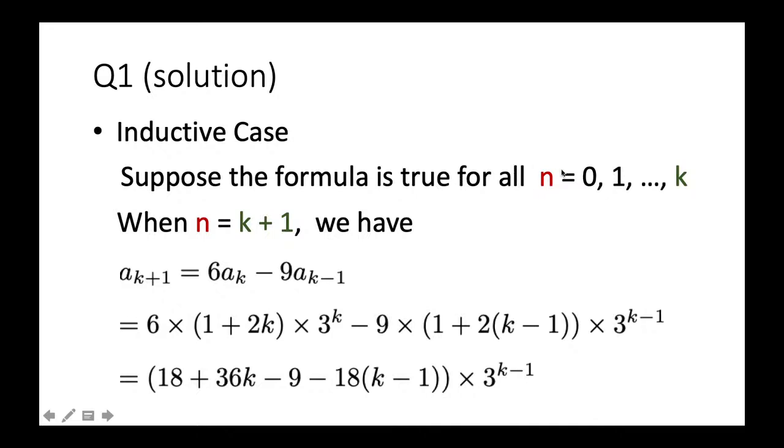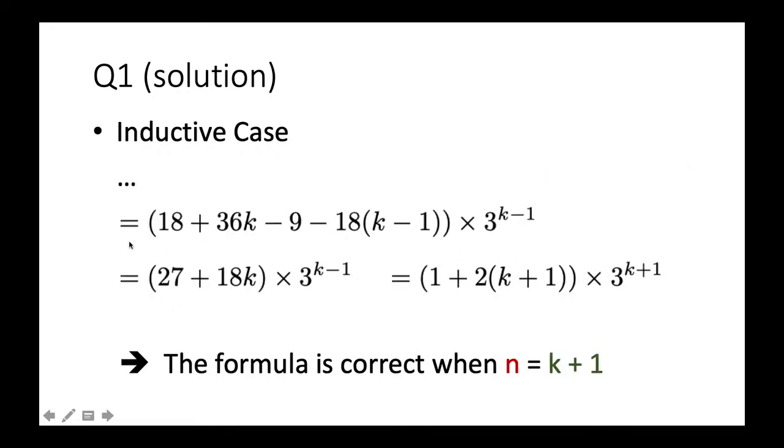Based on this assumption, we can plug in the value for a_k, which is equal to (1 + 2k) times 3 to the power k. We also plug in the value for a_(k-1), which is equal to (1 + 2(k-1)) multiplied by 3 to the power k-1. After some algebra, we have this one, and then this one, and finally we have this one.